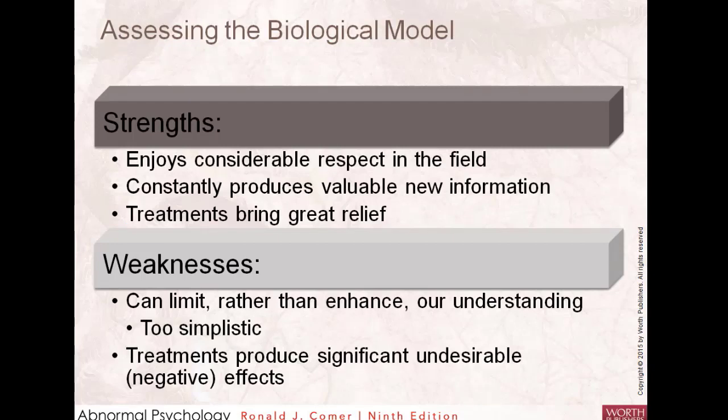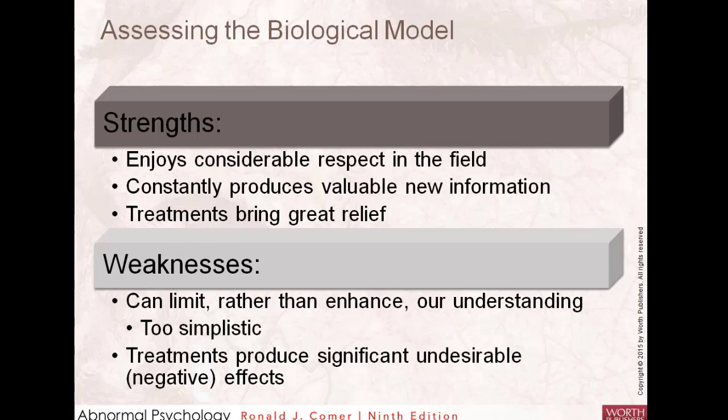All right, last thing to be thinking about when we're talking about the biological model. There are some good things about it. It does enjoy considerable respect. Psychology has often been looked down on, and you can understand why people might be a little suspicious of psychologists. So having a medical model seems to give us more respect in the field. And also, it does produce quite a lot of research.